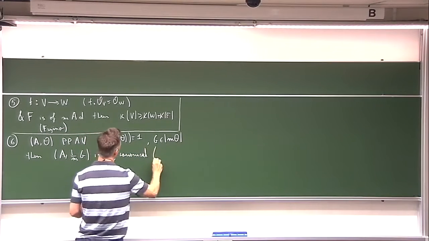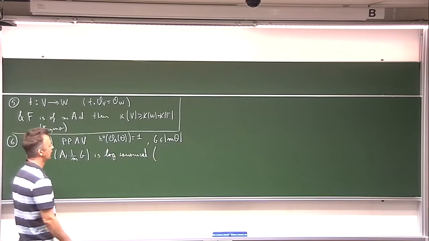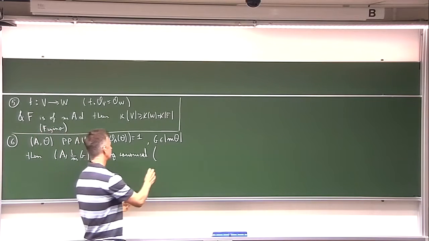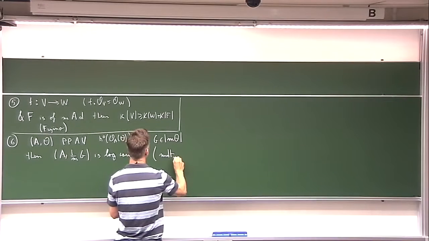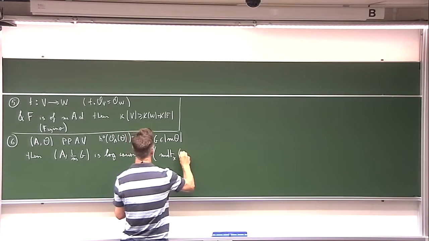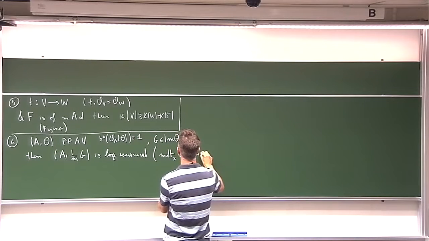Now, if you don't know what log canonical means, well, I'll explain it later, but one consequence of being log canonical means that the multiplicity at any point of your abelian variety of this divisor G is bounded from above by m times g.